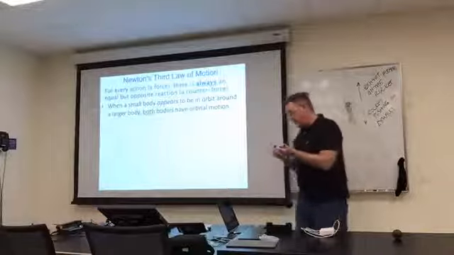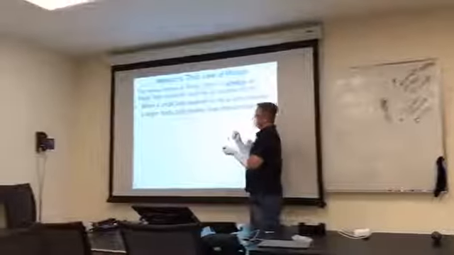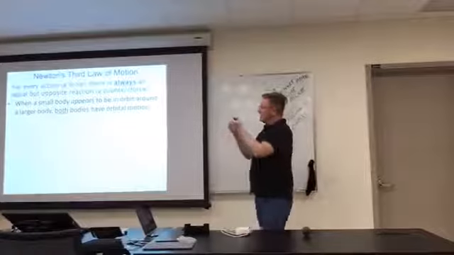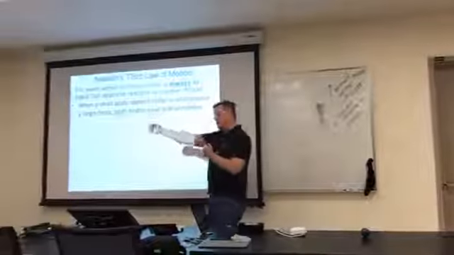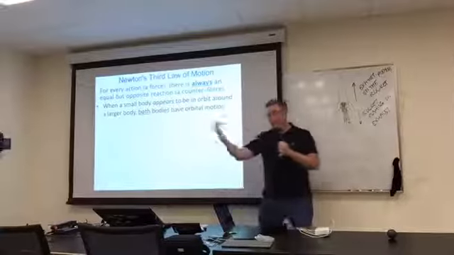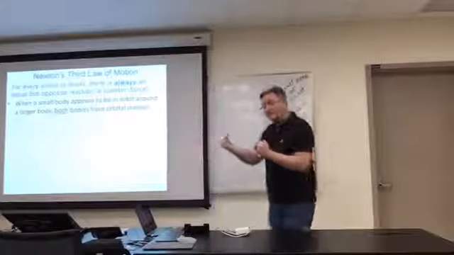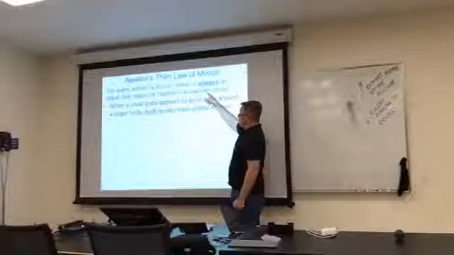Because the third law says that if the Earth, let's take the Earth and the Moon as an example, if the Earth's gravity is pulling on the Moon with a certain amount of strength to make the Moon orbit the Earth, then the Moon's gravity must be pulling on the Earth, equal and opposite.